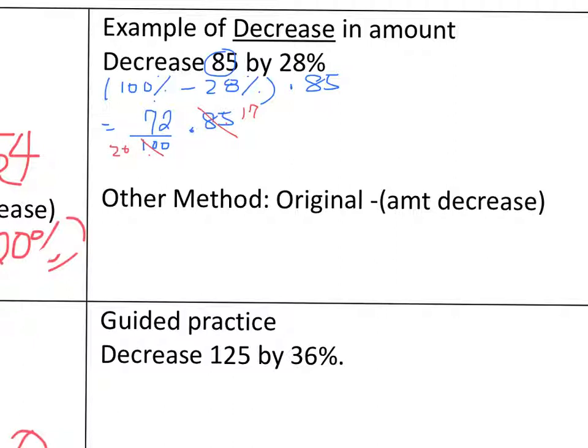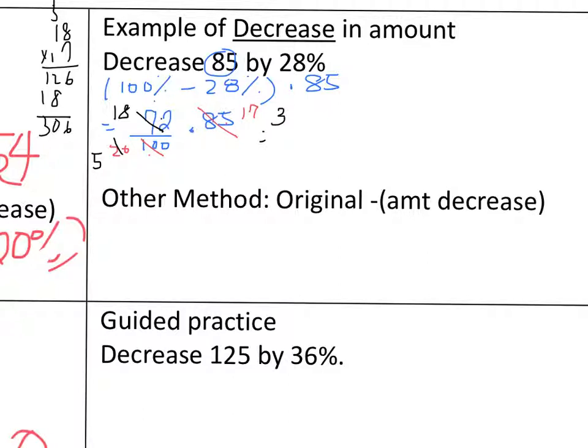And then we're going to simplify 72 with 20. 20 divided by 4 will be 5. 72 divided by 4 will be 18. And that's all we can do. 18 times 17 will be 306.